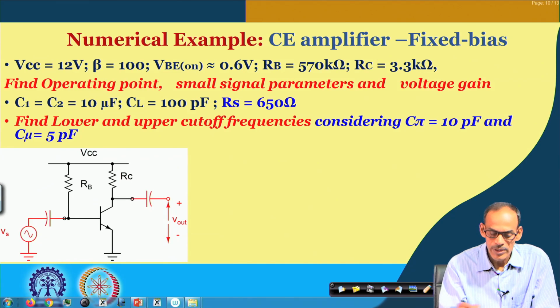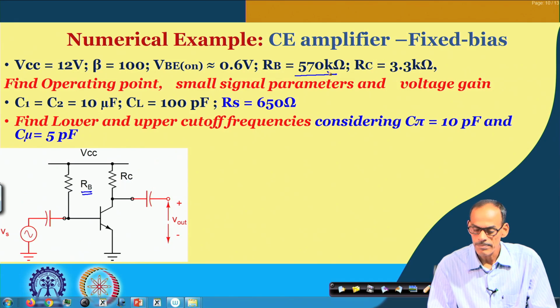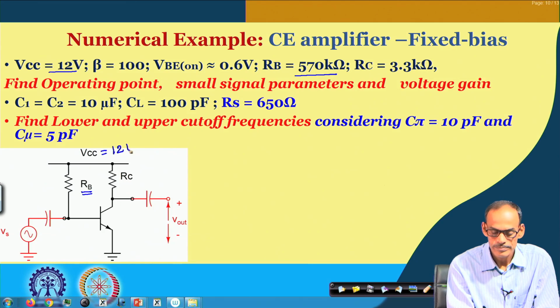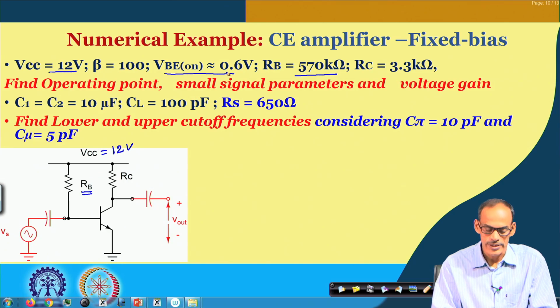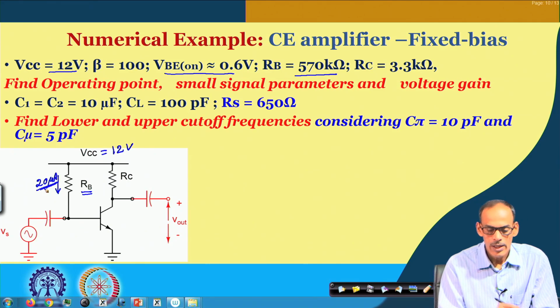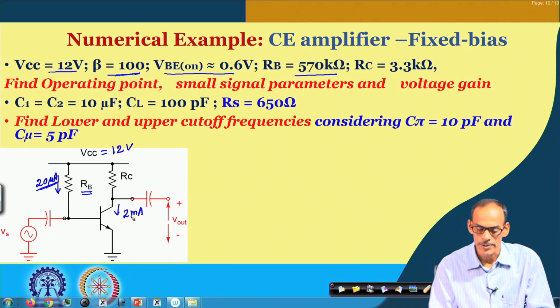So, RB is 570 kilo ohm, supply voltage is 12 volt, and then VBE on is approximately 0.6. So, that gives the base current equal to 20 microampere. Earlier we have done this calculation, and multiplying with beta we get the collector current, which is 2 milliampere. Quiescent collector current is 2 milliampere.